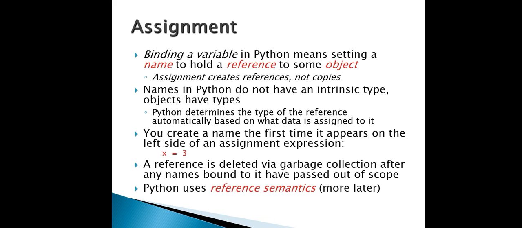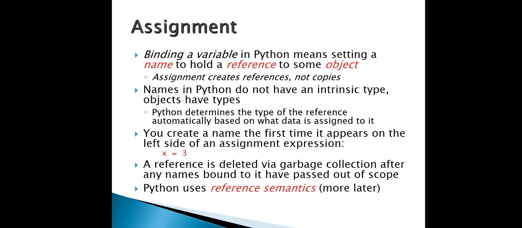Python determines the type of the reference automatically based on what data is assigned to it. My dear friends, you create a name the first time it appears on the left side of an assignment expression, like x equal to 3. That means 3 is assigned to the variable x.